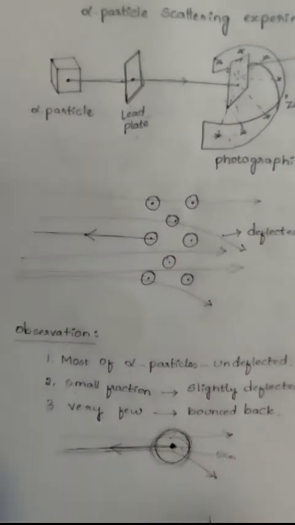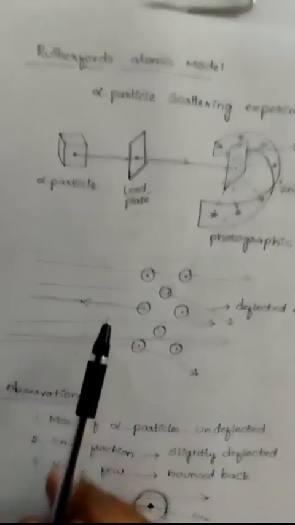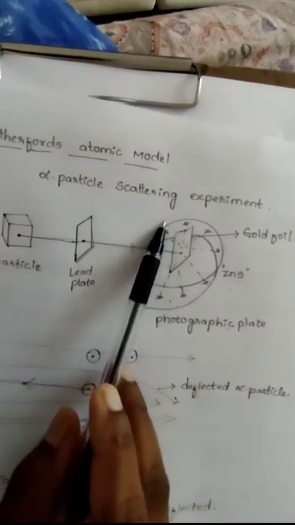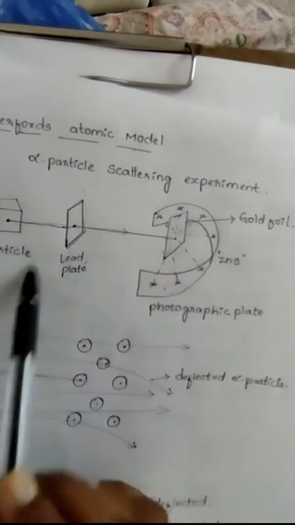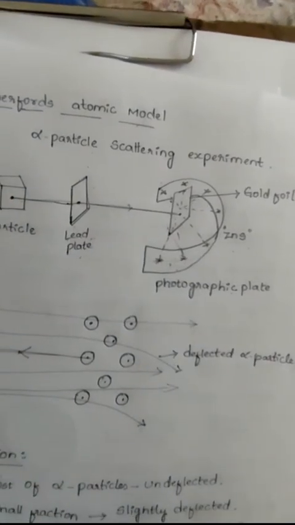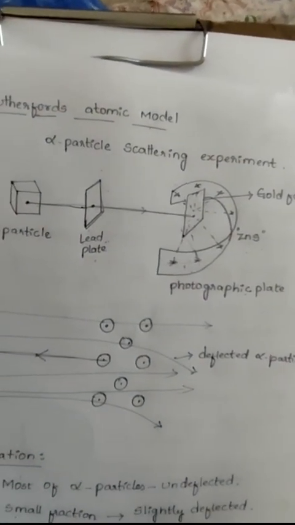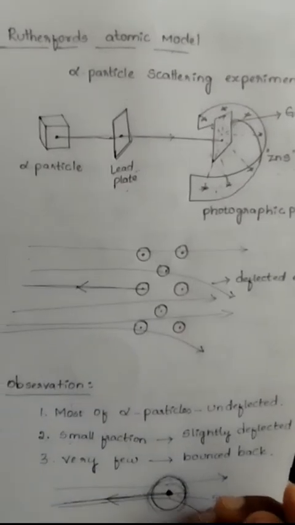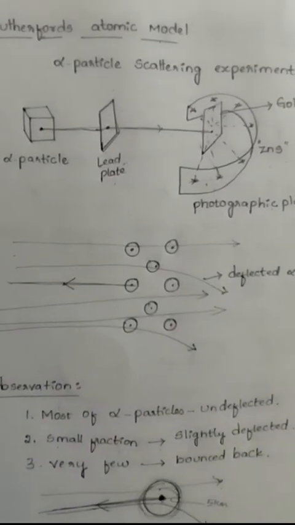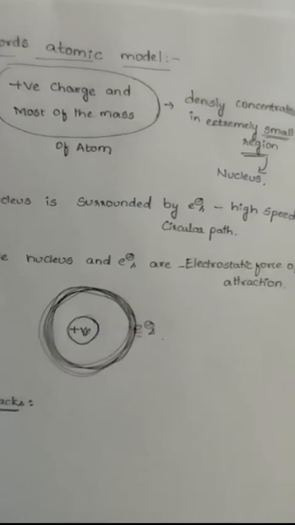These are the conclusions drawn from the alpha particle scattering experiment. Based on these experimental results, Rutherford proposed his atomic model. Rutherford's atomic model.